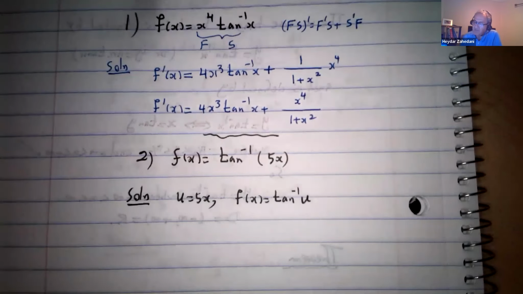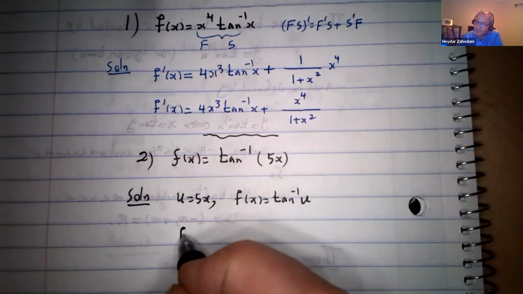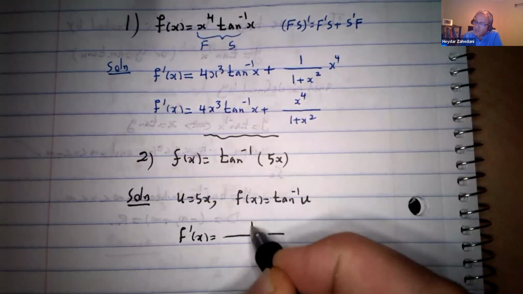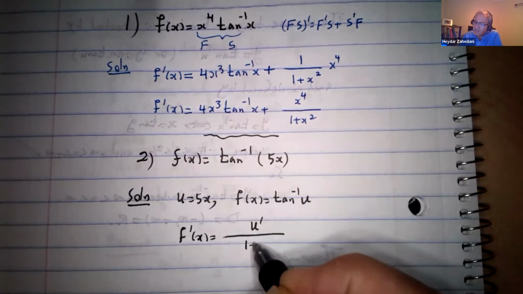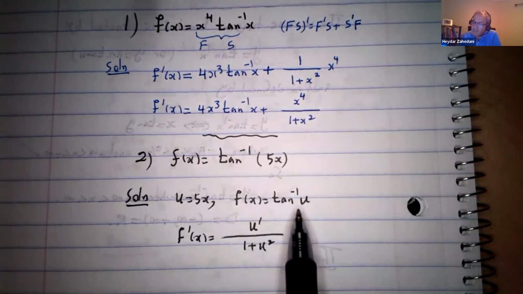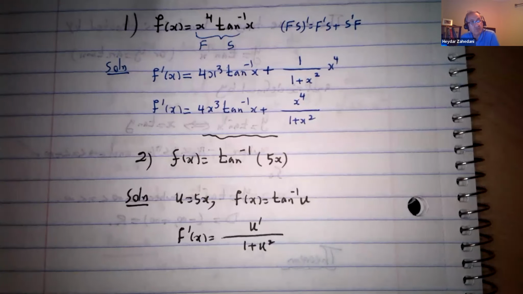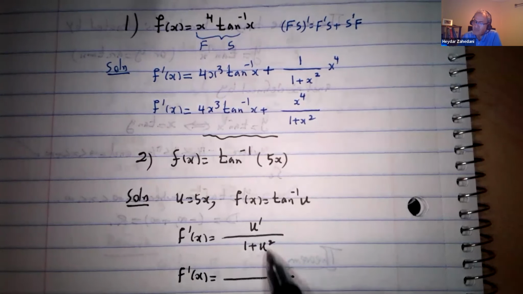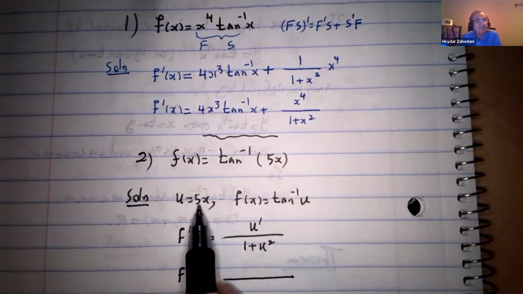So what's the derivative of this function? You have to apply the chain rule. So it's going to be u prime over 1 plus u squared, because the derivative of the tangent inverse is 1 over 1 plus u squared, and you have to multiply by u prime. Now substitute. U is 5x. So what's going to be u prime?